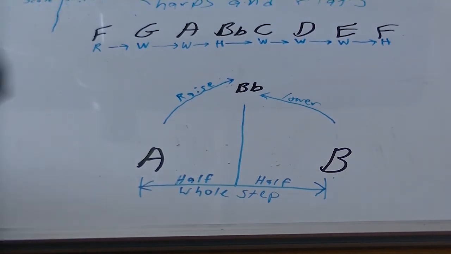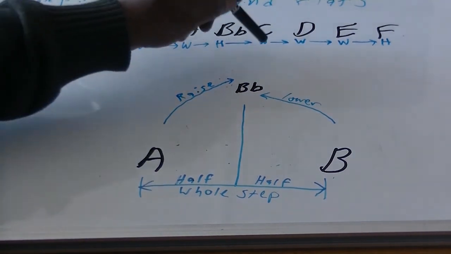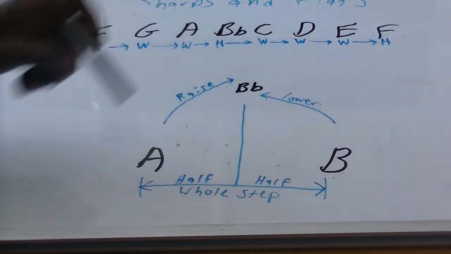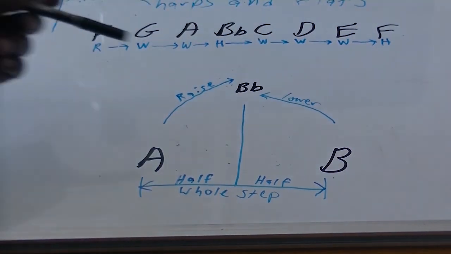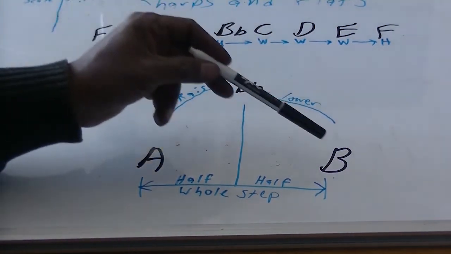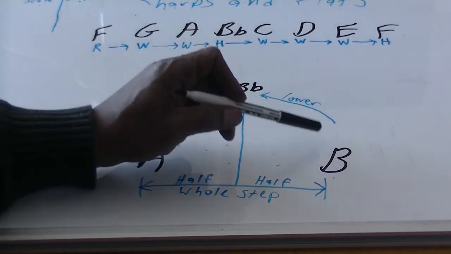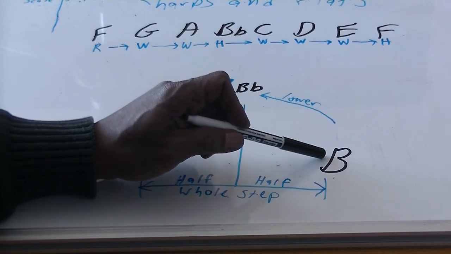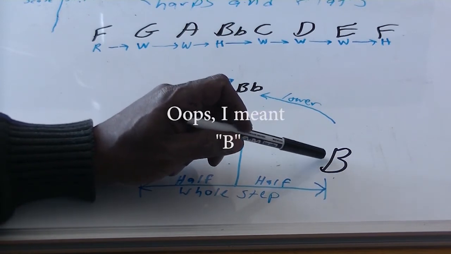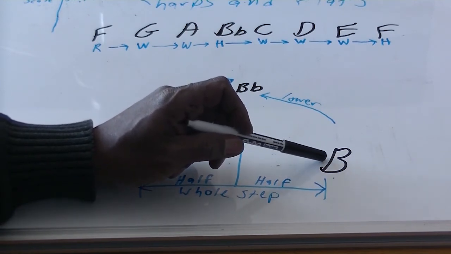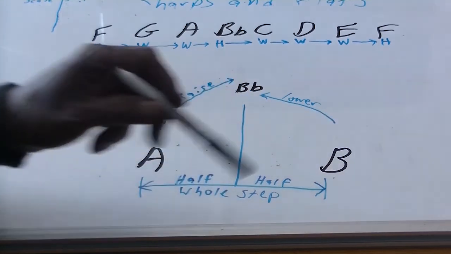So now, continuing on, we're at B flat. We need to go a whole step. Well, we can see that we are halfway between A and B. If we take the B flat and we go up a half step, we'll get to B. However, we need to go a whole step. So we're at B and we need to go another half step.